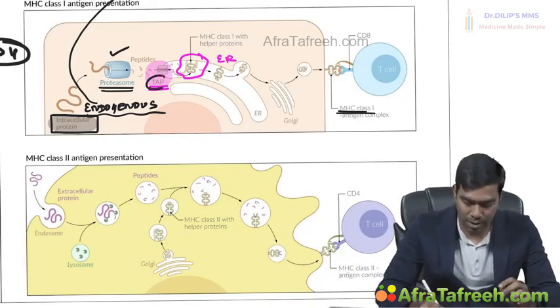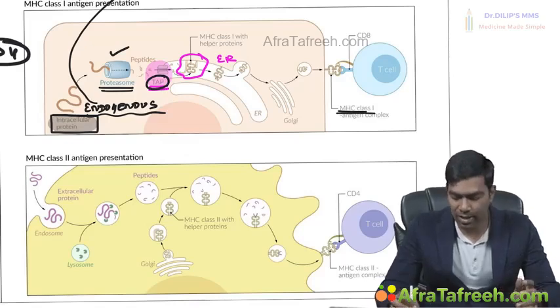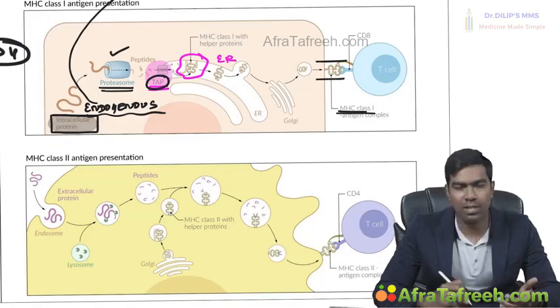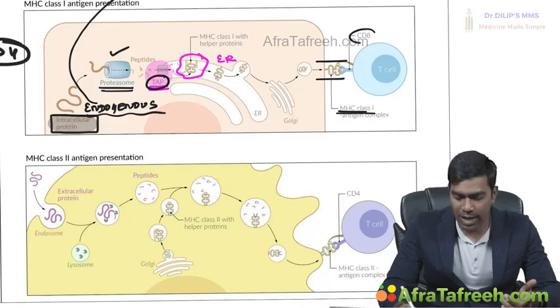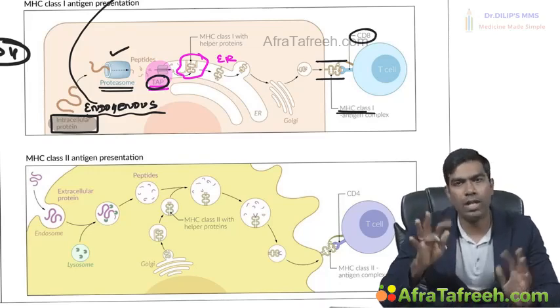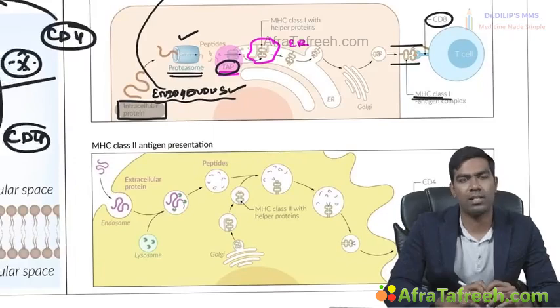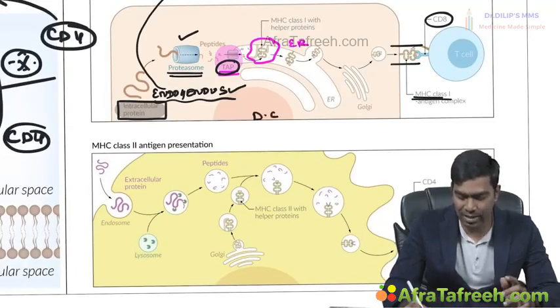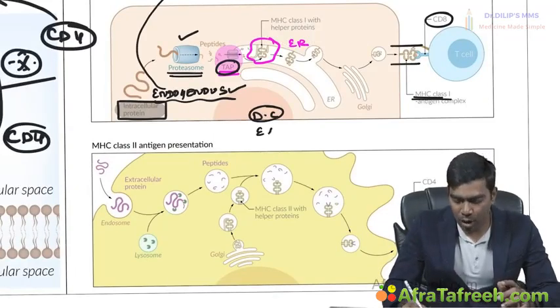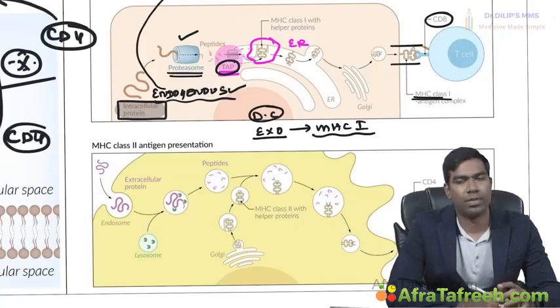Very, very important: TAP is an MHC class 1 pathway protein. Finally, some processing happens in the Golgi apparatus also, and MHC class 1 is expressed, which is recognized by CD8 T lymphocytes. The only exception is that certain dendritic cells process exogenous antigens, and they can express them via MHC class 1.